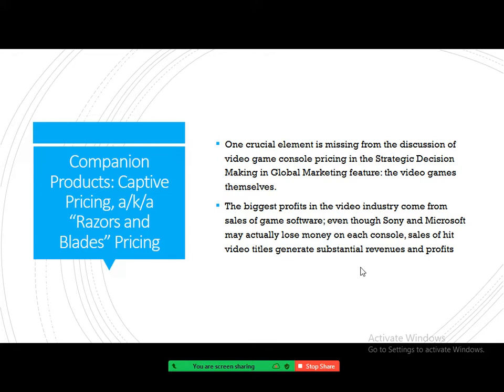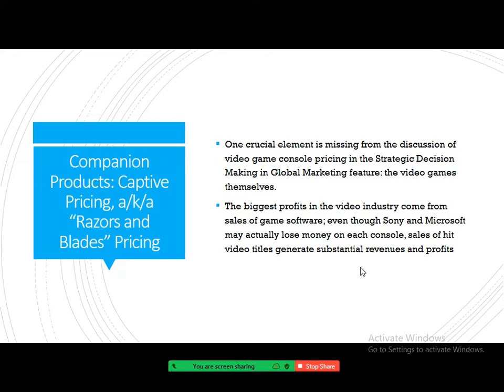Companion products, captive pricing, also known as razors and blades pricing. One crucial element is missing from the discussion of video game console pricing in the strategic decision making in the global marketing feature: the video games themselves. The biggest profit in the video gaming industry comes from the sales of game software.